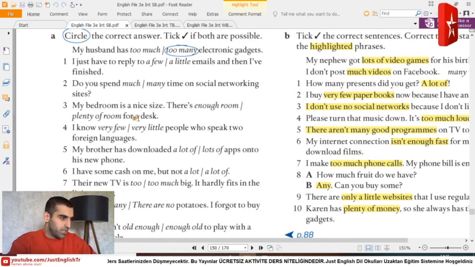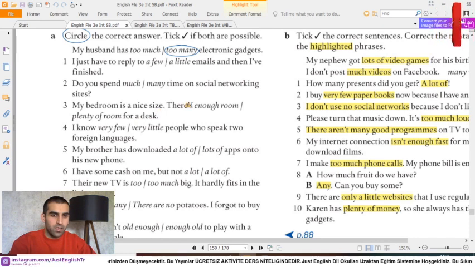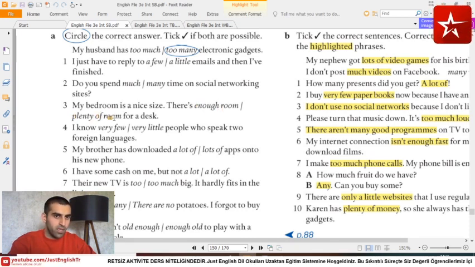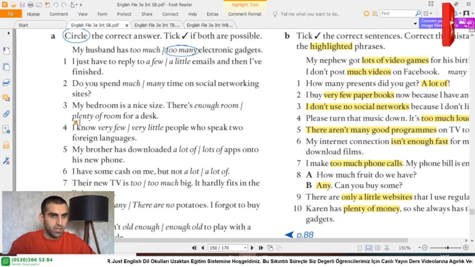Both of them are correct. Why? Because we can use plenty of with countable and uncountable nouns, no problem. So enough room and plenty of room, both of them are correct.